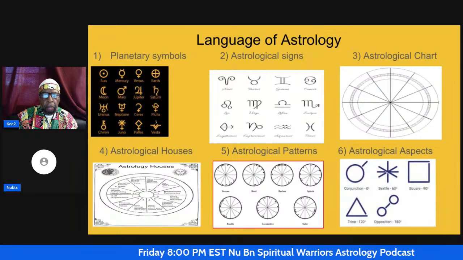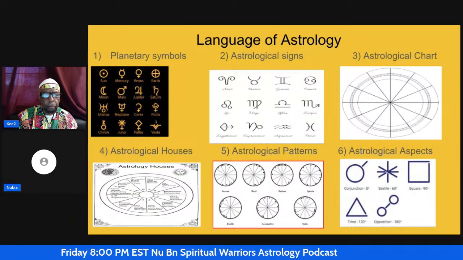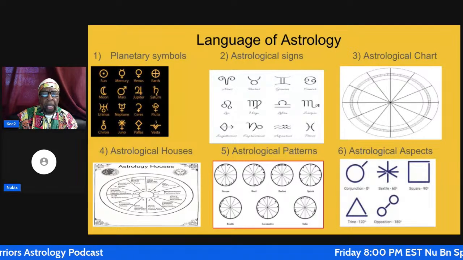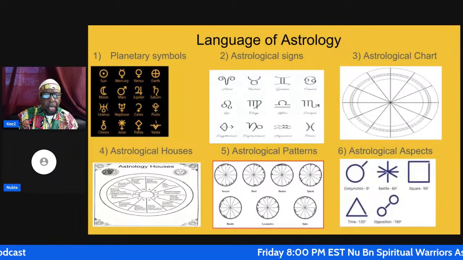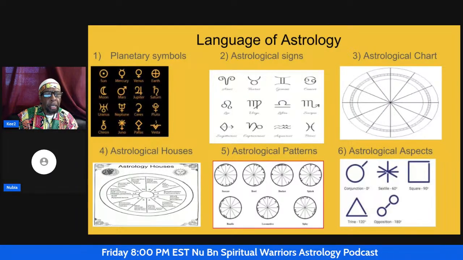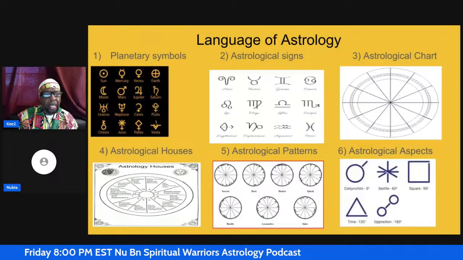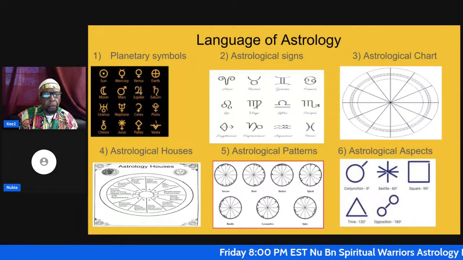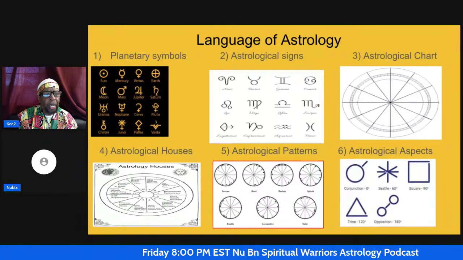The next symbol you see is a trine. Okay, a trine is, again, flowing and smooth energy. Now, the interesting thing, too, is that with a trine, like identifies with like. So if you've got a planet in one fire sign and a planet in another fire sign, then they will trine each other.